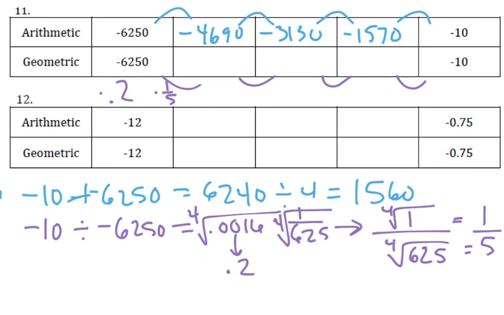Do you multiply it by 1/5 or by 0.2? We keep it going. So negative 1250, negative 250, then negative 50, then negative 10. Alright, so these ones aren't too bad, huh?